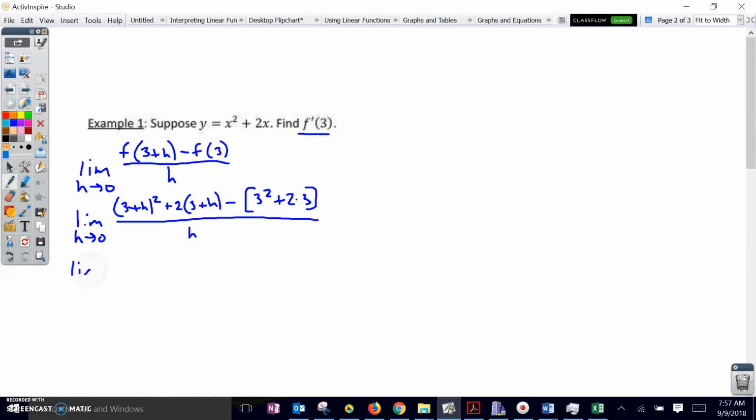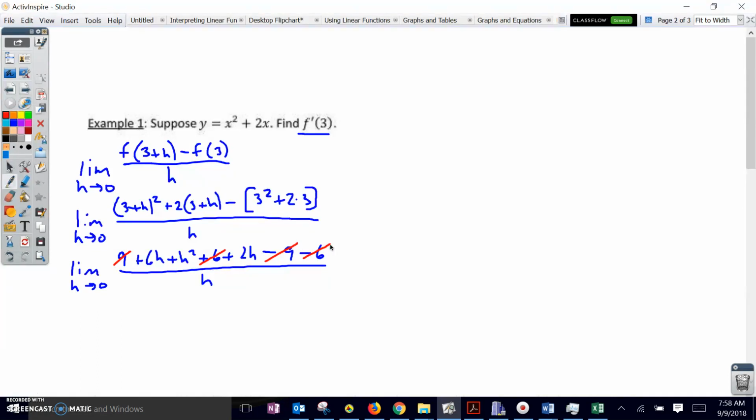And then I'm going to expand all of this stuff out algebraically. That gives us 9 plus 6h plus h squared plus 6 plus 2h minus 9 minus 6 all over h. And the 9 and the minus 9 and the 6 and the minus 6 cancel each other out.